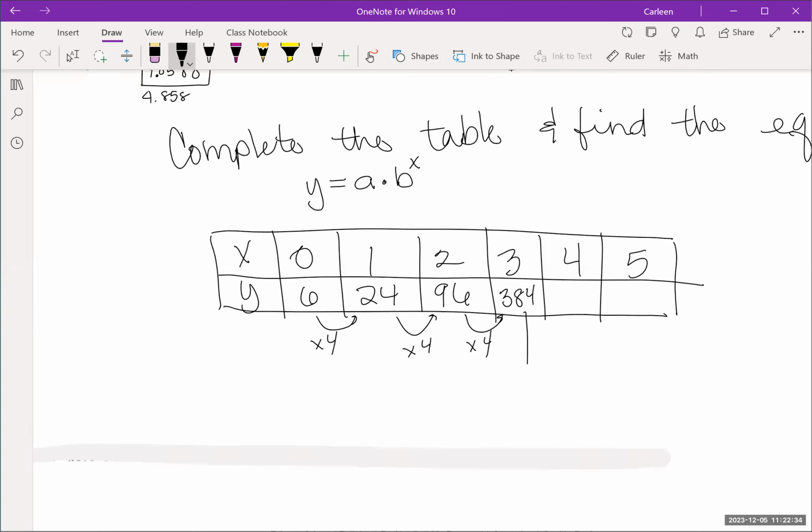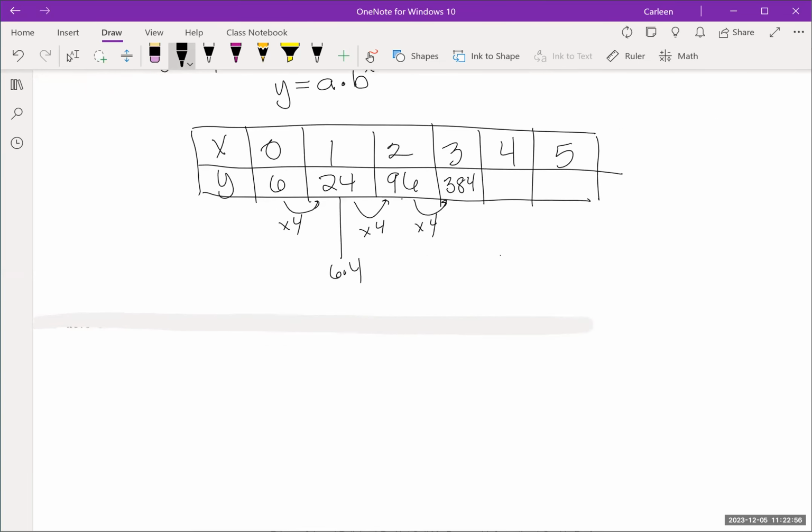Okay, so let's look at 384. Is it true that 384 is 6 times 4 times 4? Wait, let's start there. Is it true that 24 is 6 times 4? Is it true that I took 6 times 4 and multiplied by 4 again?